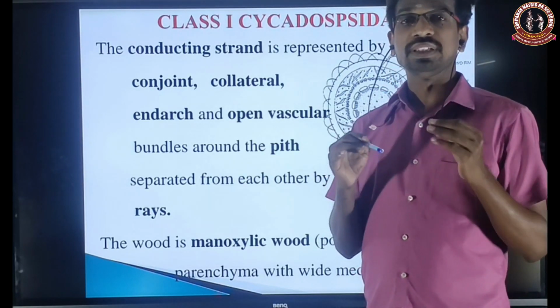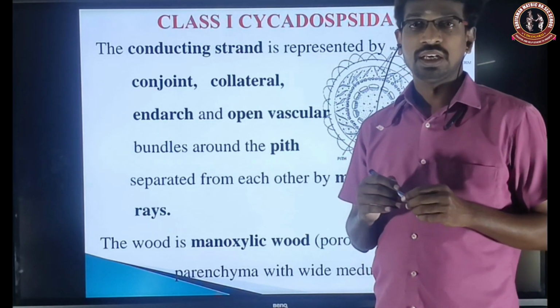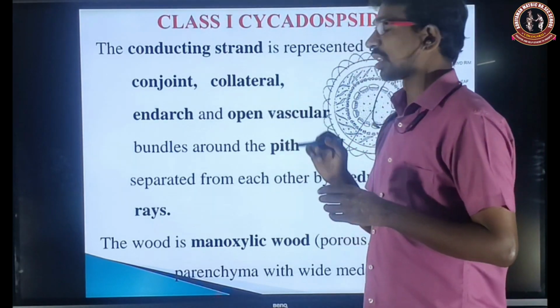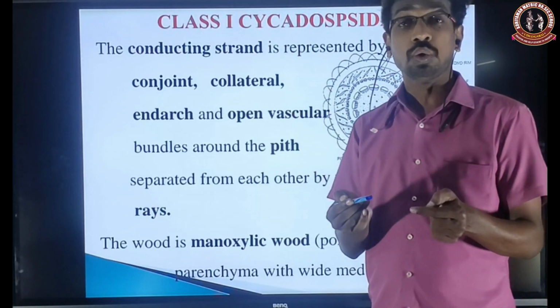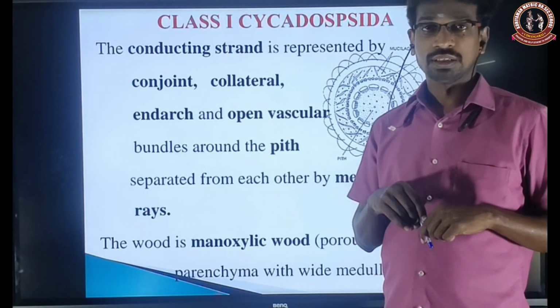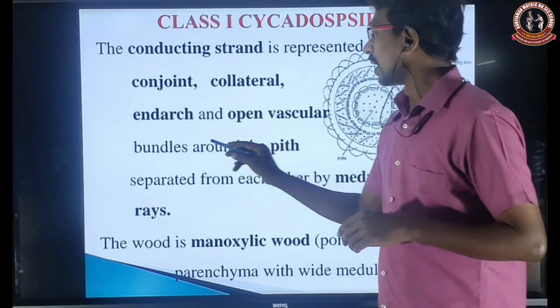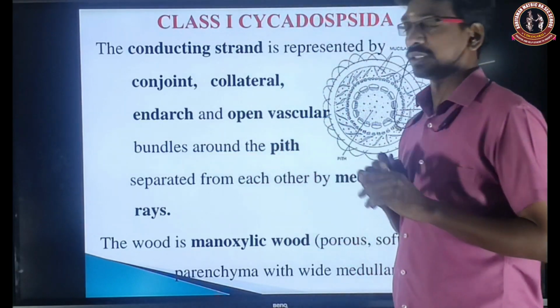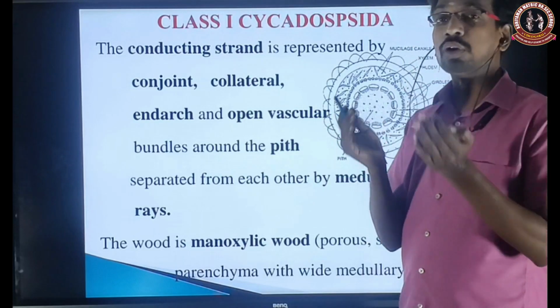And open vascular bundle: the cambium is present in between the xylem and the phloem. It's an open vascular bundle. That's why this group of plant has secondary growth. These open vascular bundles are arranged around the pith.